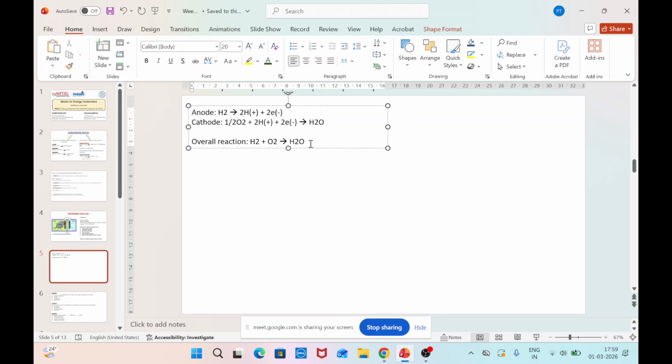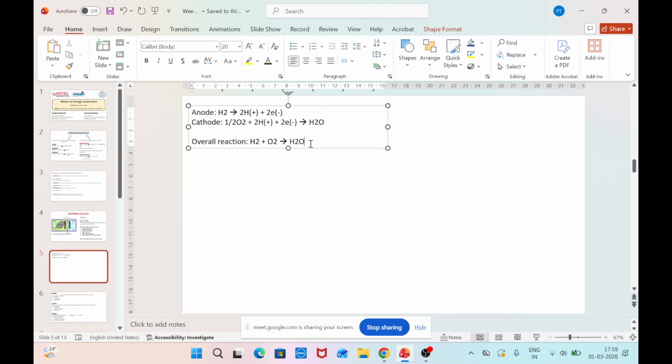So the H2 gas, the oxygen reacts with the H plus ions plus electrons, leading to the formation of H2O. So water is generated from the fuel cell.